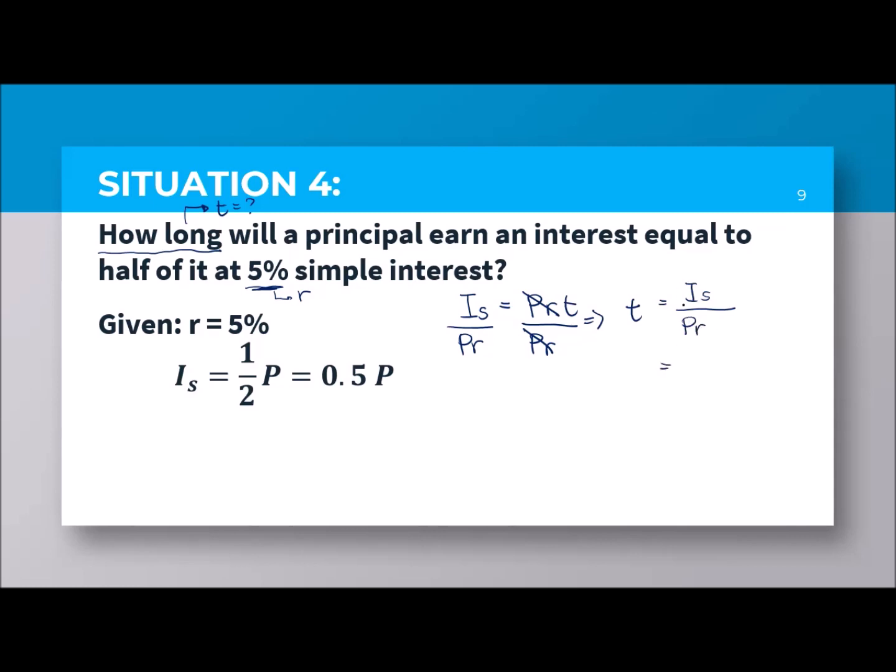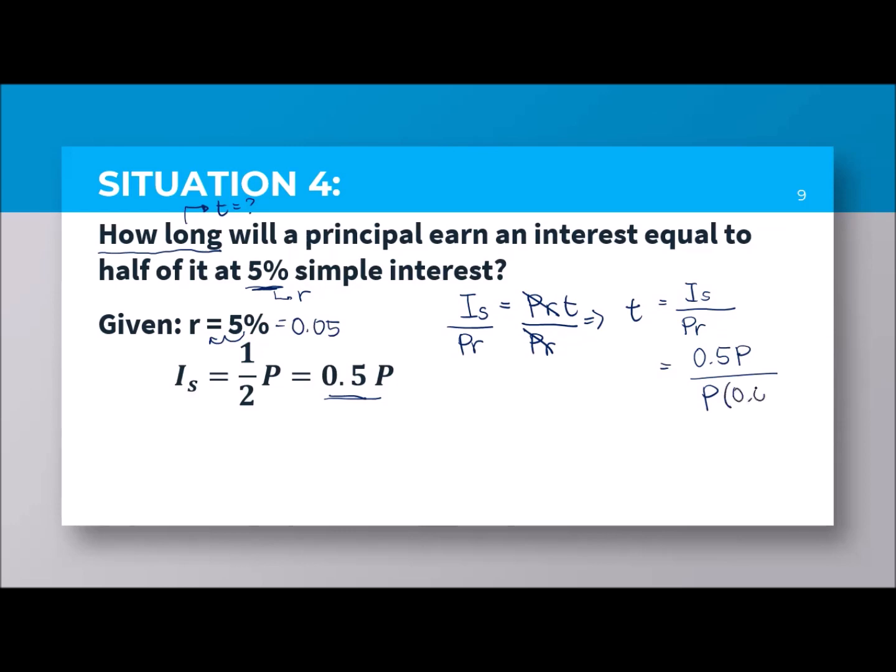So, ang ating pinaka-I sub S ay ito na po. Ano yung gagamitin natin? Kasi yan yung condition eh. So, 0.5 P. And P is still P. Kasi yan yung condition. Wala namang specific. And then, yung R natin ay 5%. So, move ulit natin. So, yan ay 0.05.